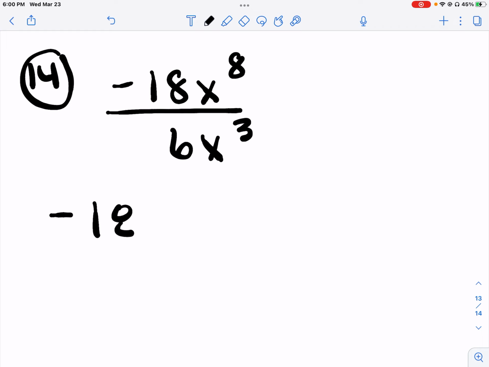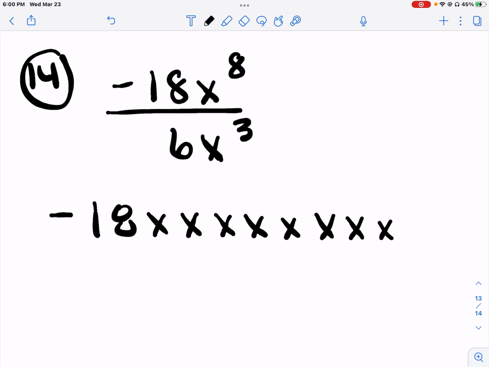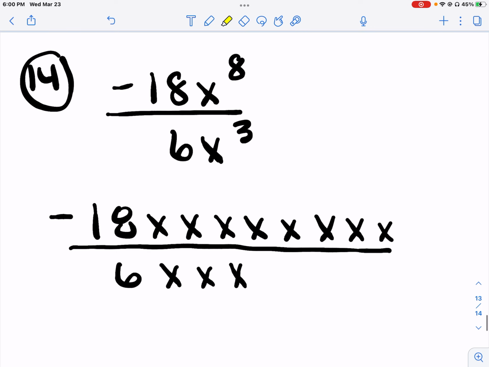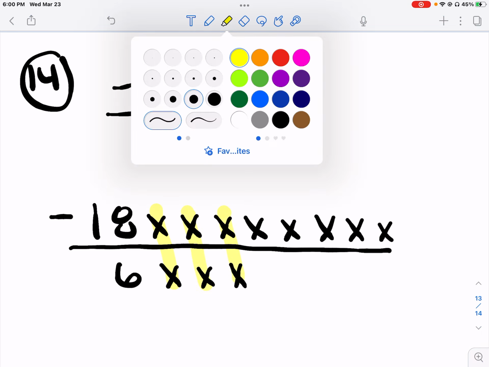Okay, x to the 8th, x to the 3rd, okay, those are dividing out. I don't know why I chose to use a highlighter.